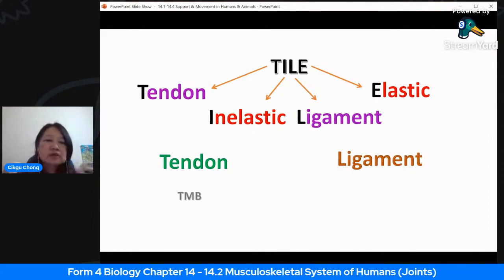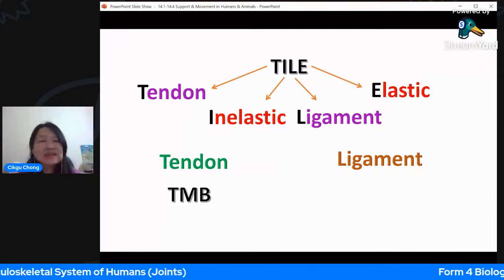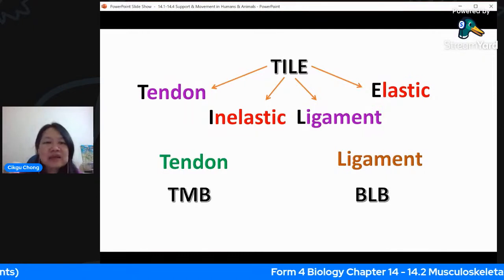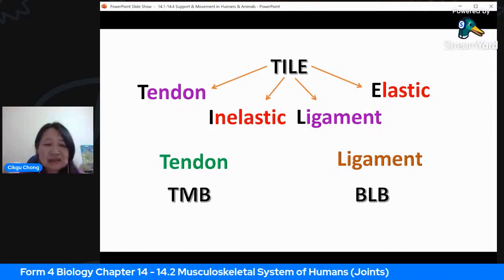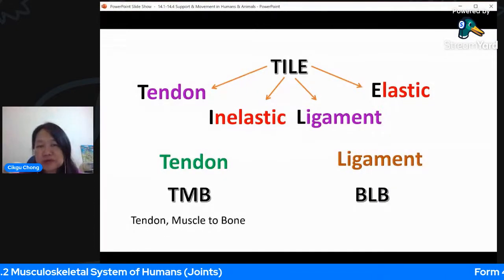For tendon, remember TMB. Like Telecom Malaysia Berhad, TMB, our telecom that gives us our phone line. TMB is tendon, muscle to bone. Tendon connects muscle to bone. This is one way to remember.